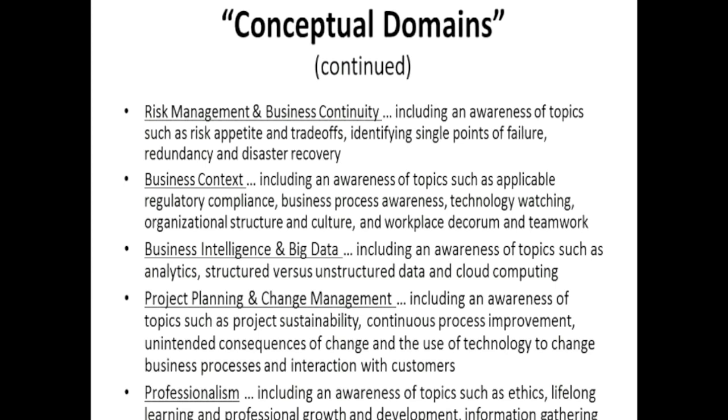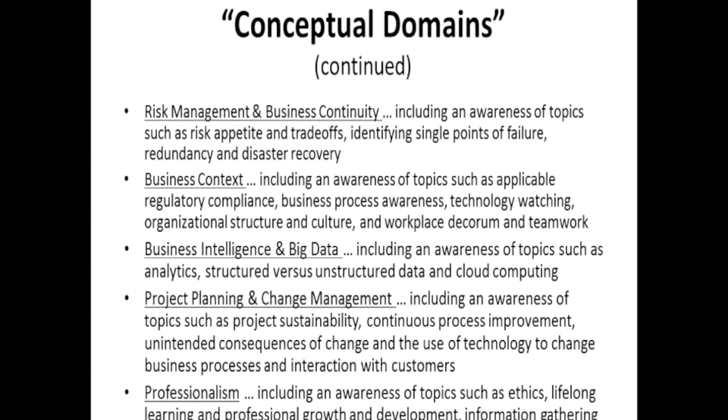Here we finish off these conceptual domains, risk management and business continuity. We saw that specifically in both the U.S. Department of Labor and the EU. Business context is something that's like a personal issue of mine.